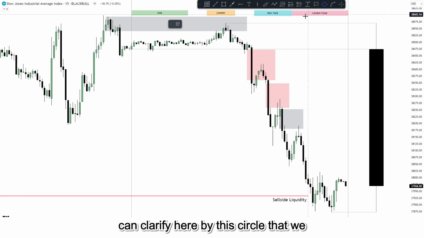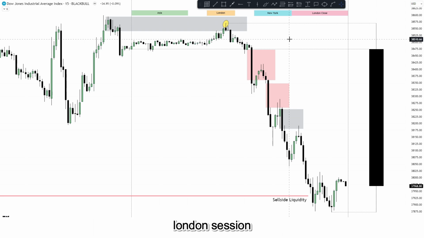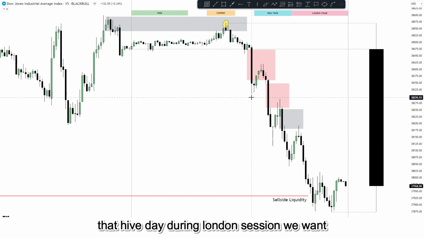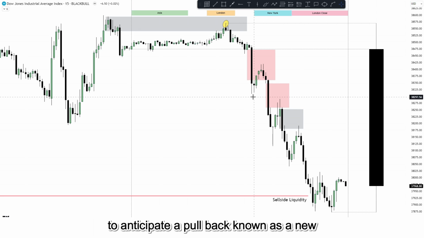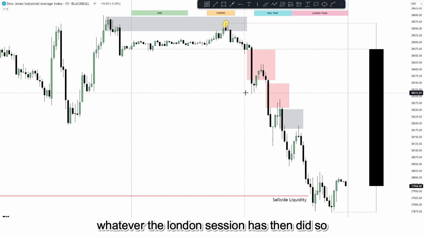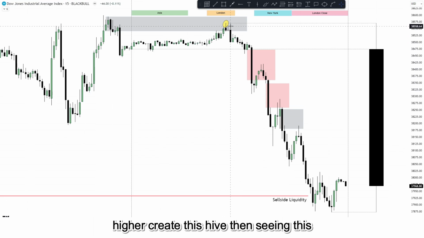So we can clarify here by this circle that we have established a high of day during that London session. Now coming into New York, we have established that high of day during London session. We want to anticipate a pullback known as a New York retracement for that continuation of whatever the London session has then did.